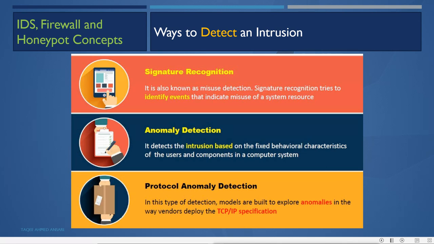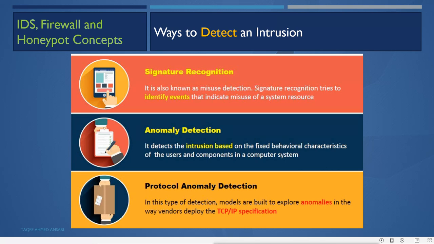If it is FTP, it should do the FTP work, and it should not do anything else. Attackers craft packets and encapsulate packets of one protocol into different protocols so that they can bypass the firewall. It can be detected in the IDS.